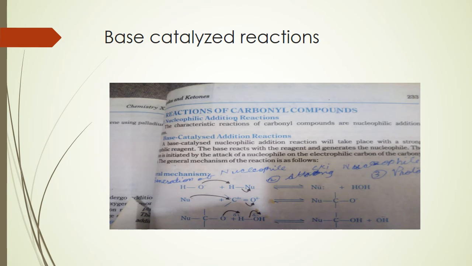Now what type of reactions follow base-catalyzed addition reactions? Look at the screen. That is the general mechanism of the nucleophilic addition reaction by base catalysis. Here, first of all, you are using OH as a base and nucleophile reagent. These base-catalyzed addition reactions are performed in 3 steps.